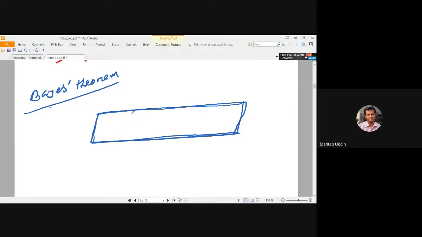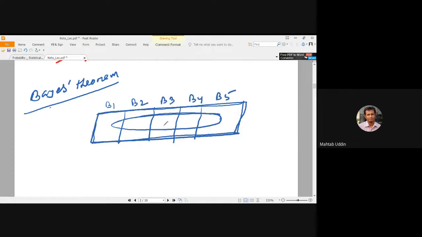Let us consider there are, say, first tree I am taking B1, B2, B3, B4, say B5, and this whole set is taken as A. B1, B2, B3, B4 are the trees, and A is getting mango.